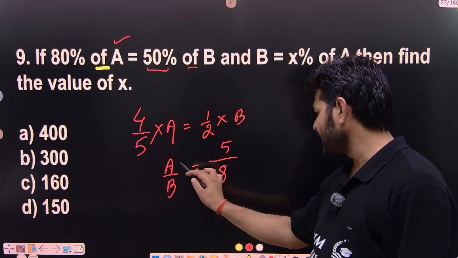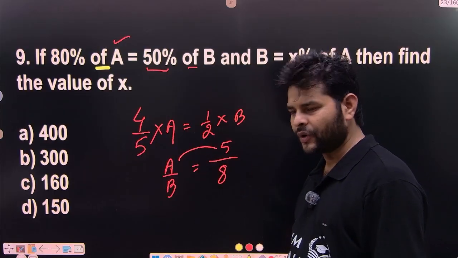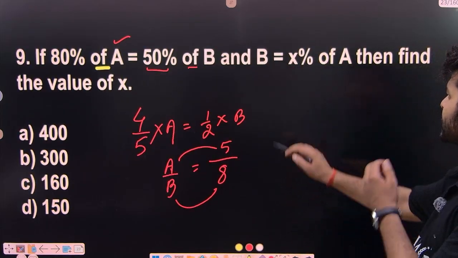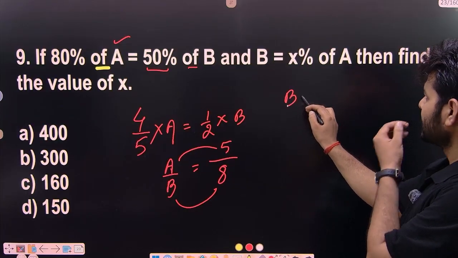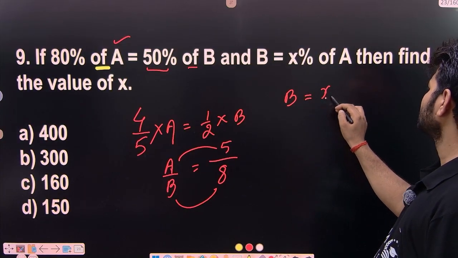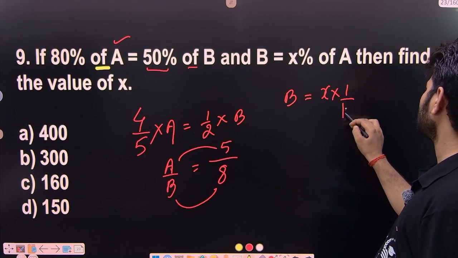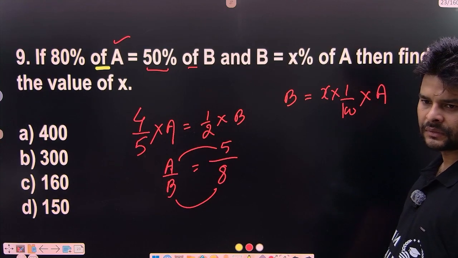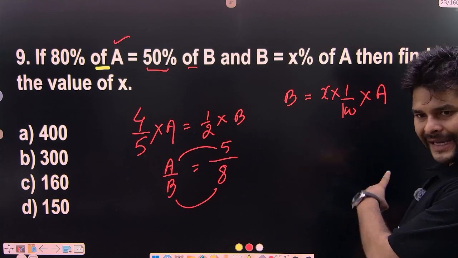So if A is representing 5 units, then B is representing 8 units. Now the question is B is equal to X percent, means 1 upon 100, of A. So what is the value of X?